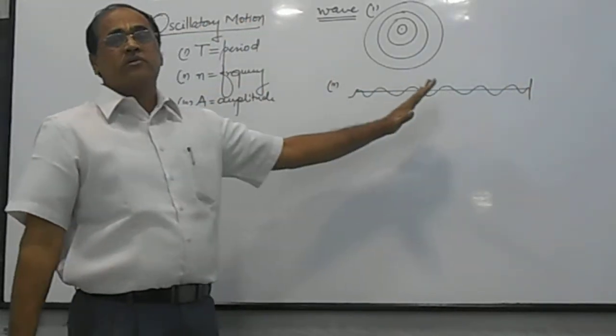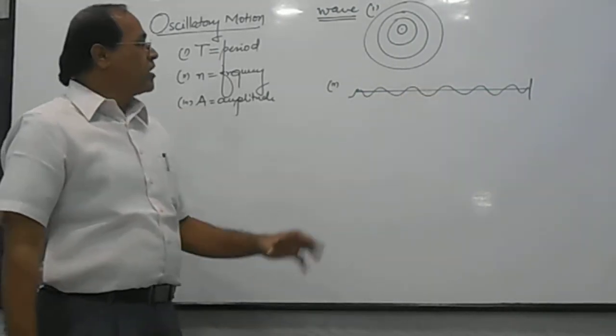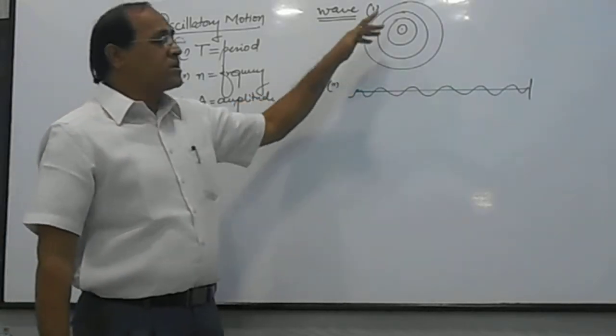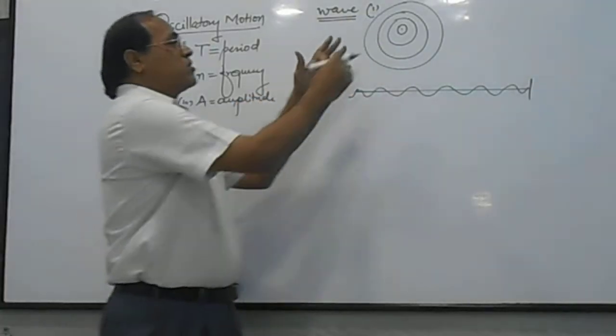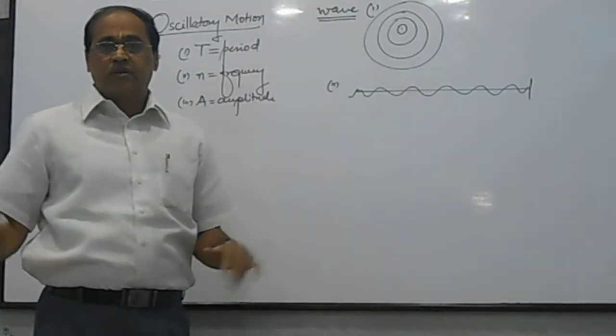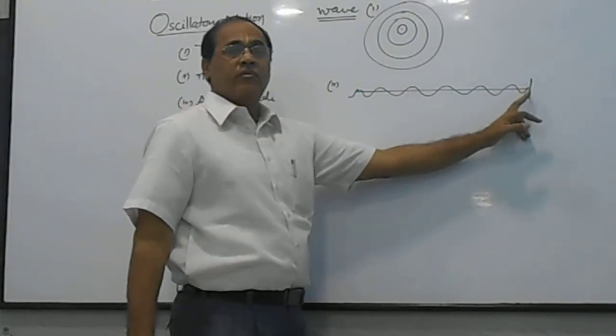This type of motion is also one of the basic examples of wave. Here, if you observe, all the concentric circles are forming, and these concentric circles go on increasing till the end of the pond. And here also, these waves go till the end where it is fixed.